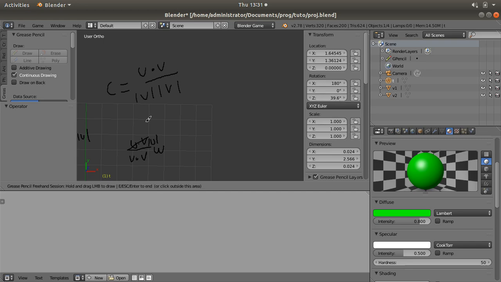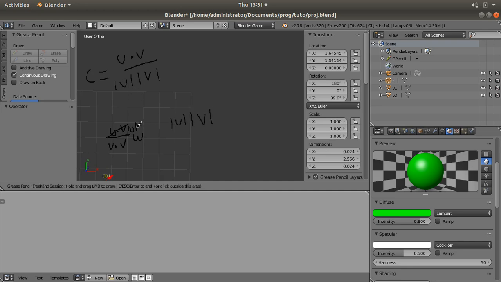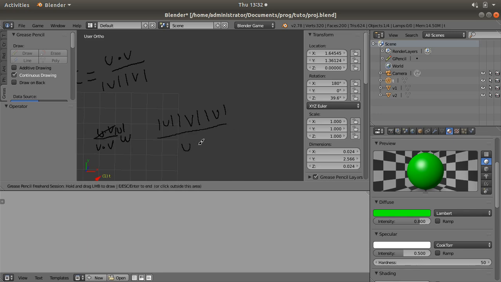There's no mag of u times mag of v. So to balance that out, I need to stick these in the numerator: mag of u times mag of v times mag of u over u dot u times c times w.